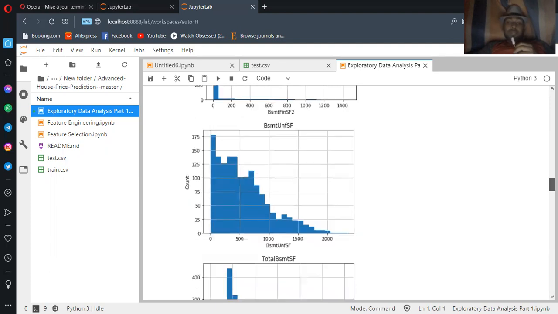Well, if we continue, here is BsmtFinSF2, and we also have this distribution, how it is. Okay, logarithmic, not logarithmic. Well, this shape of data is skewed, okay.